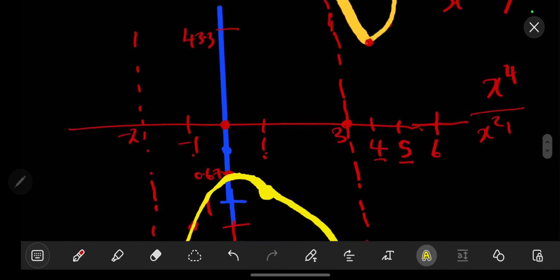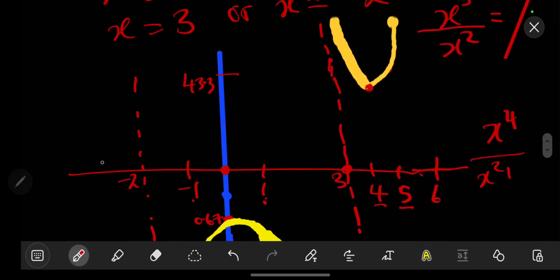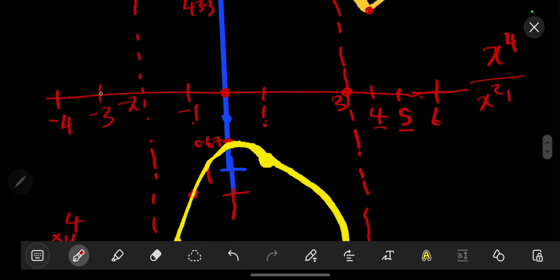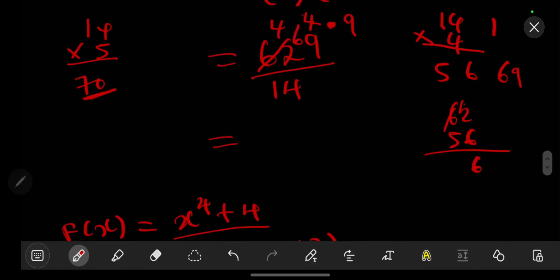Let's also look at this graph on this other interval. So generally the graph, if this is going like that, even this one should look basically the same. So we are going to use coordinates such as negative 3 there and negative 4. Let's use negative 3 and negative 4 to study the behavior of the graph.